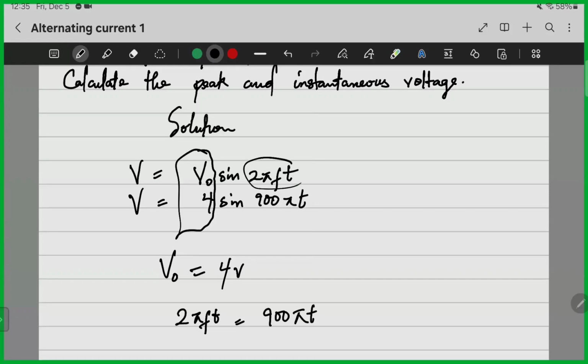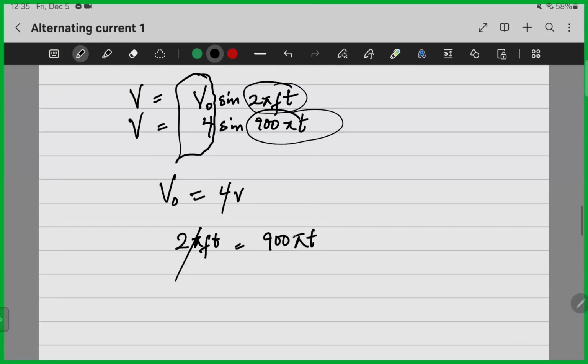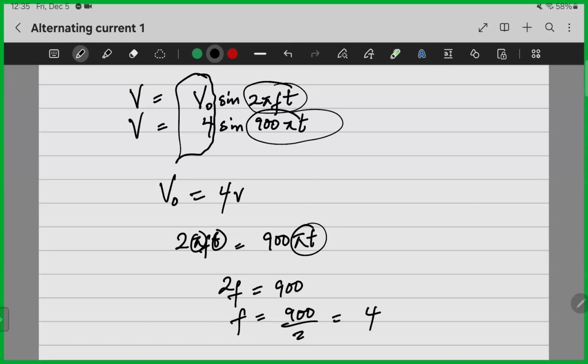These two are also equal. So we can cancel pi, which I've told you not to do, you can just do that in your mind, and t. We're left with 2f equal to 900. So f equal to 900 over 2. So we have 450 hertz.